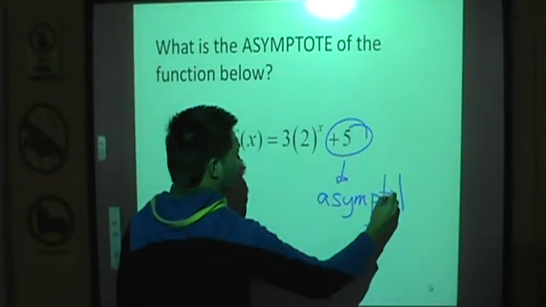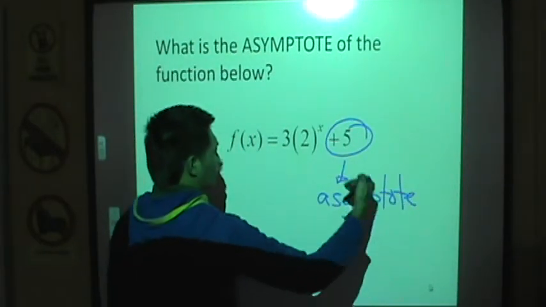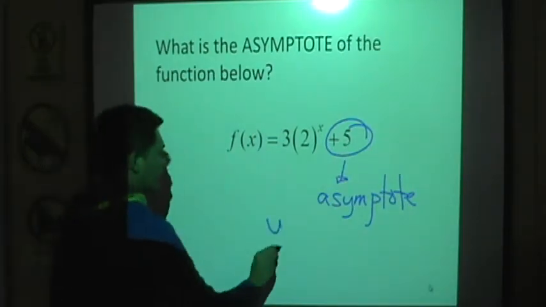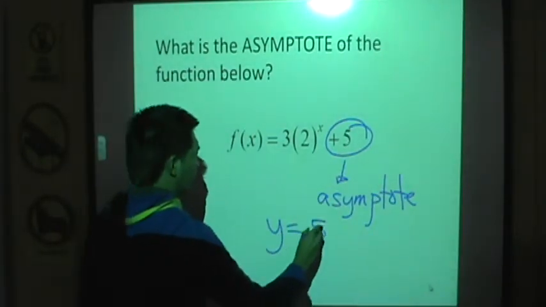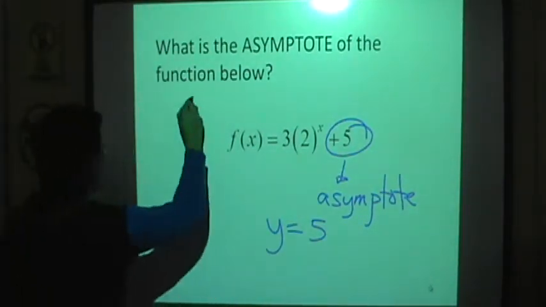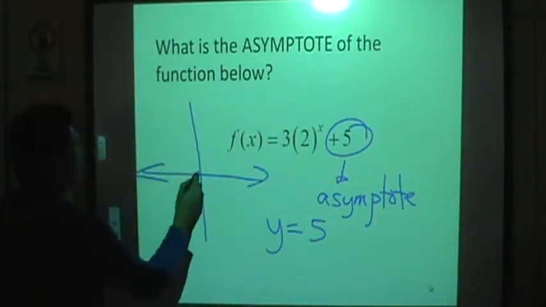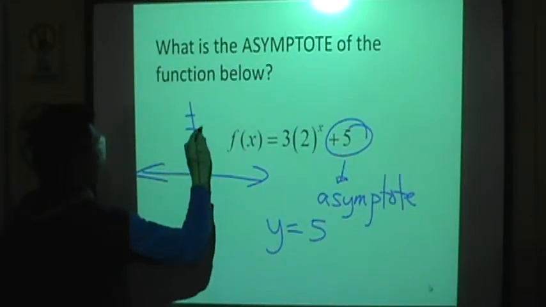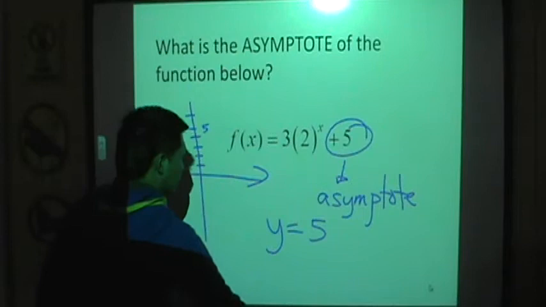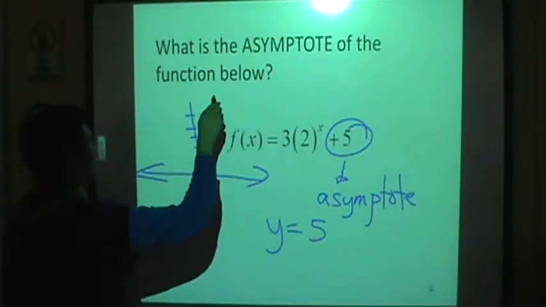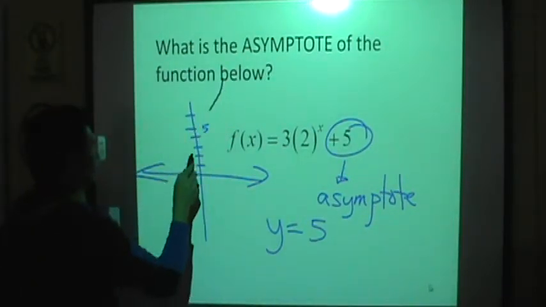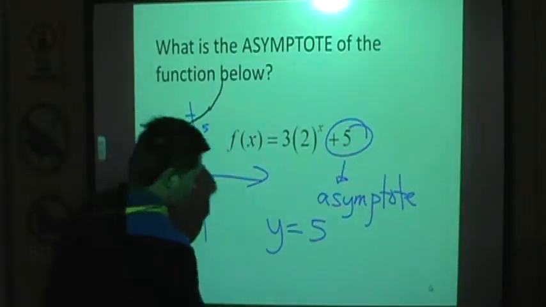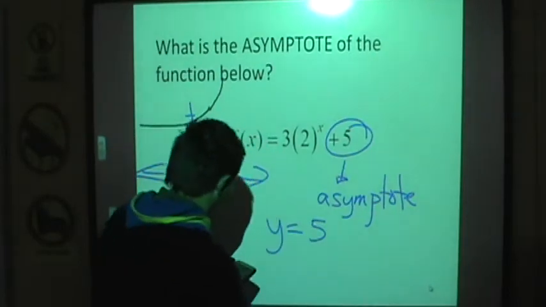This is where the graph is trying to approach a certain line, which is y equals 5. The graph could look like this, trying to approach 5, but it will never cross 5.